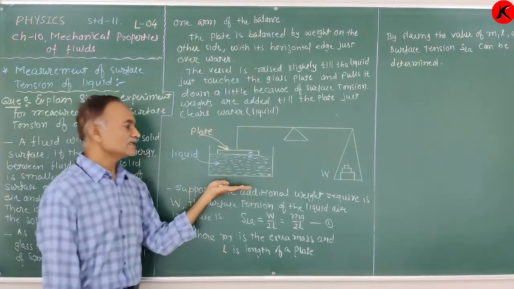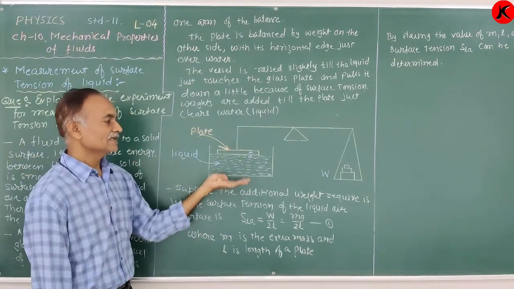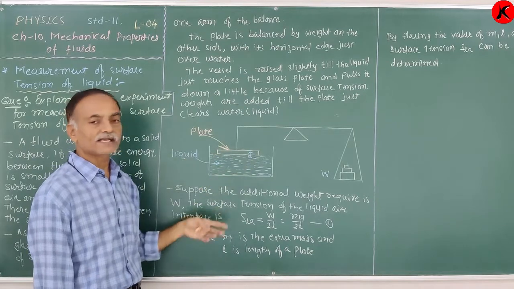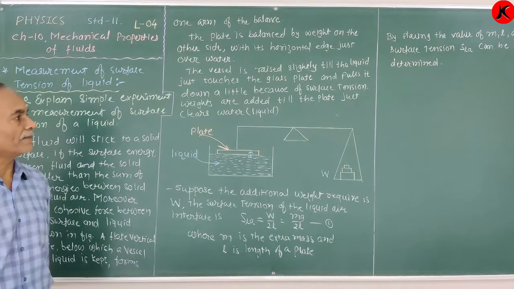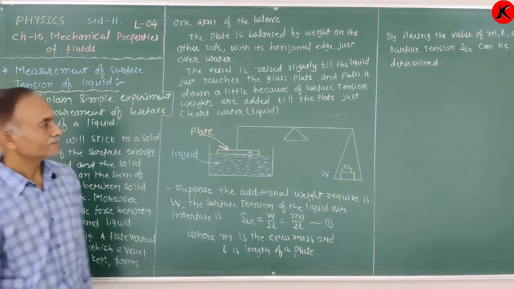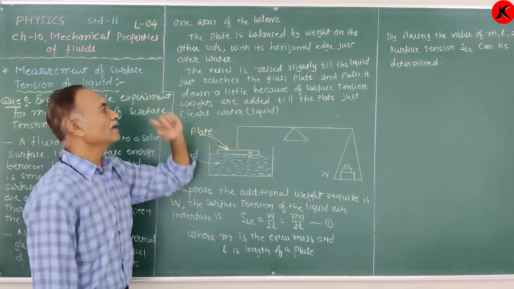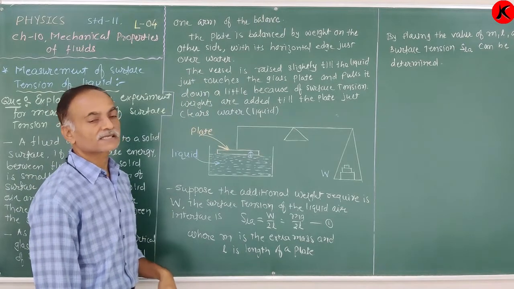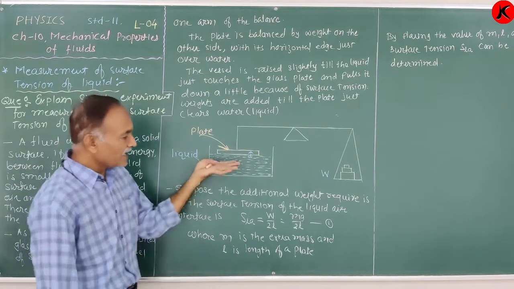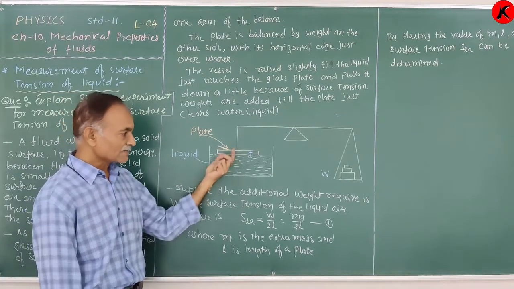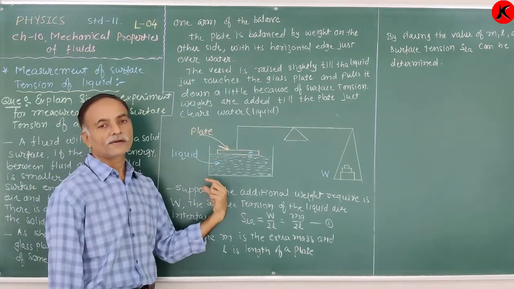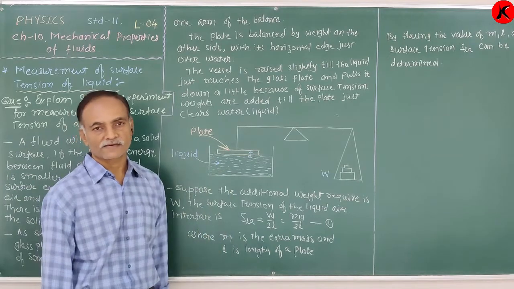Now, we raise the vessel with the liquid in such a way that the liquid just touches the edge of the glass plate and pulls it down a little because of the surface tension. When the liquid just touches the glass plate, what happens? The glass plate is pulled down due to the surface tension.